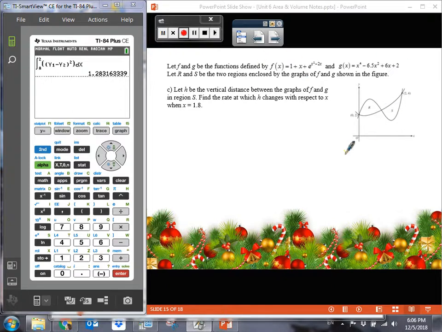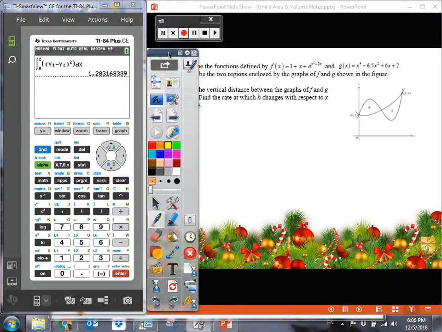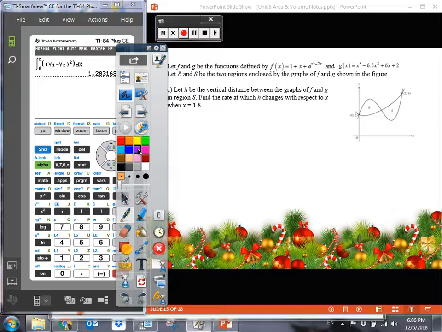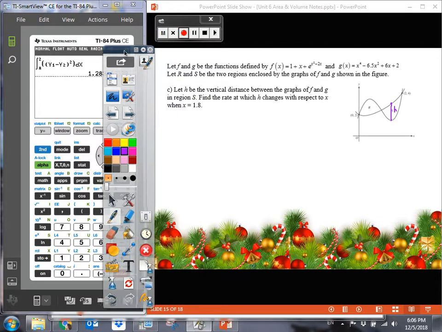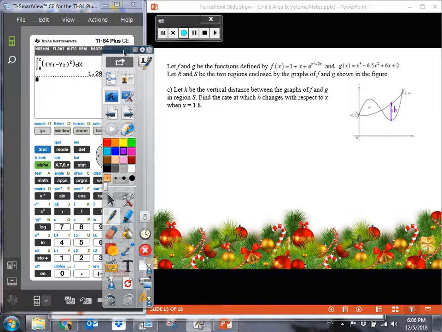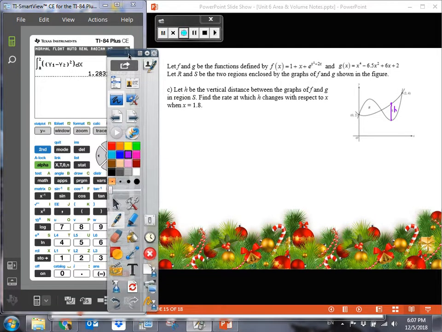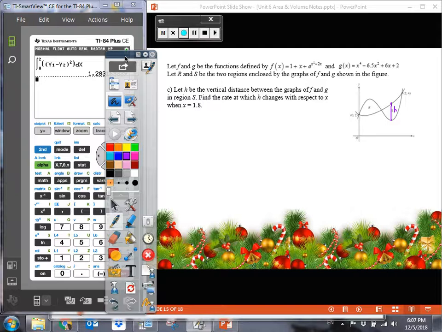It says, let h be the vertical distance between the graphs of f and g in region S. So let's get our minds wrapped around what they're talking about. h is the vertical distance between graphs f and g. So we have h in region S. Find the rate at which h changes with respect to x when x is 1.8.